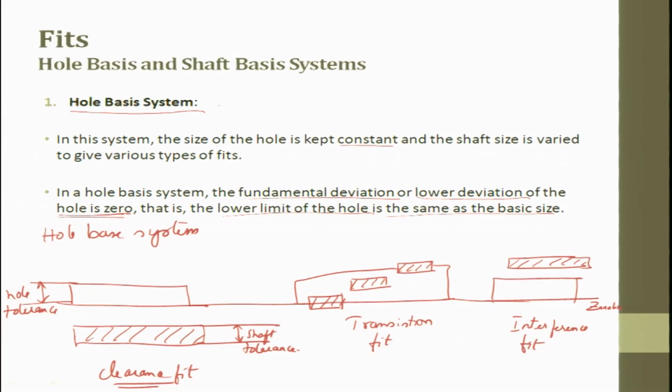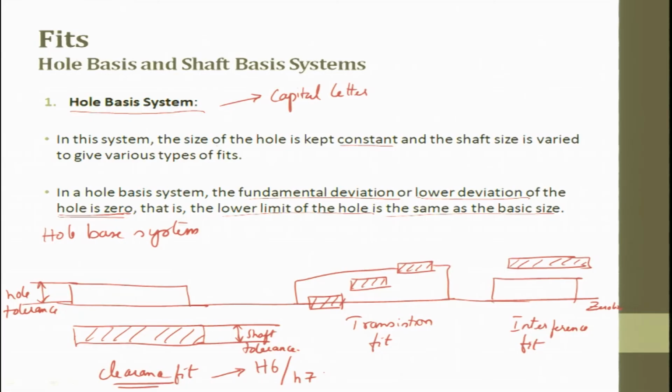In a hole based system, we will always use a capital letter to represent it. For example, if I have to express a clearance fit between a shaft and a hole, I write it as H6 and H7.